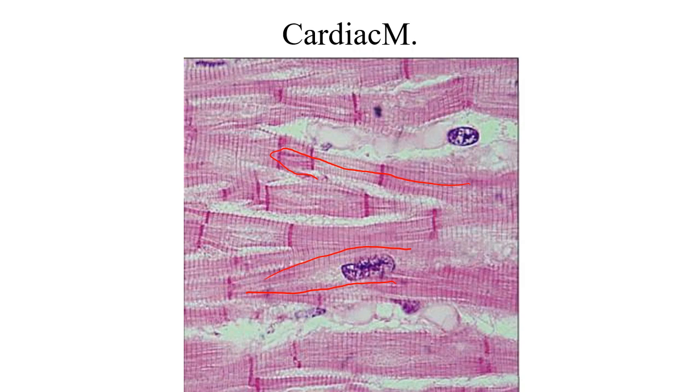That sets it apart from skeletal muscle, in which the muscle fibers are nice and parallel to one another. We still have all of the striations, so we still have that worm appearance to the muscle fibers.